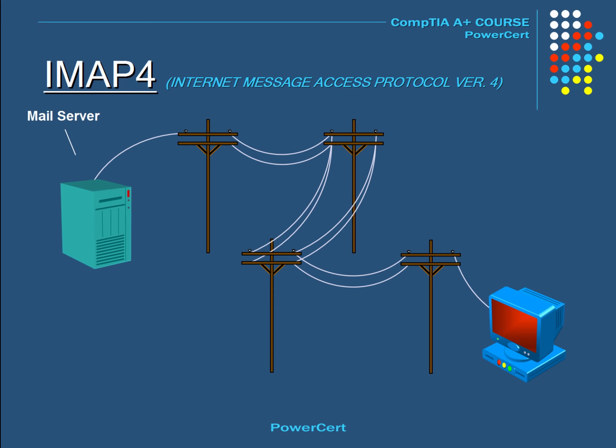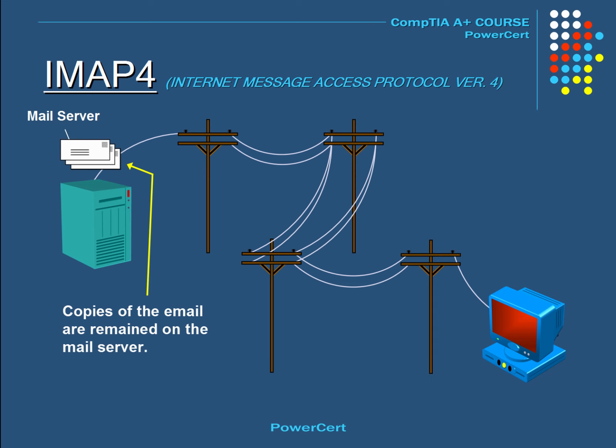IMAP4 is another protocol that is used for receiving email. IMAP4 is similar to POP3 because they are both used for retrieving email from a mail server. But IMAP4 has better features. With IMAP4, you can access and manage your email on the server from your local computer.